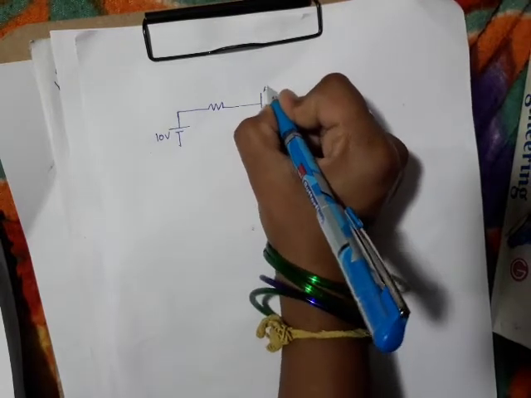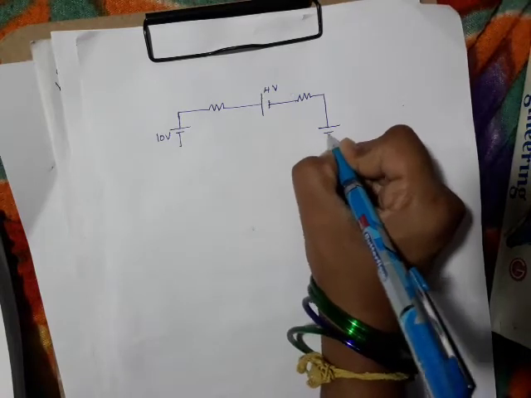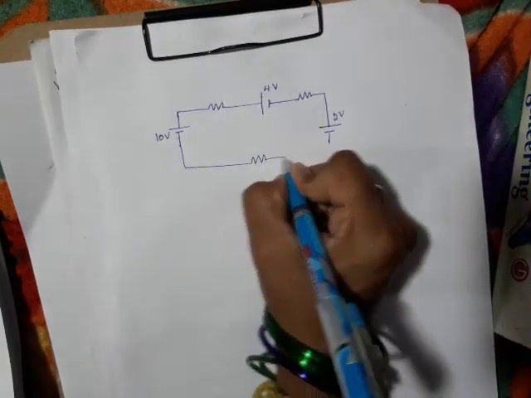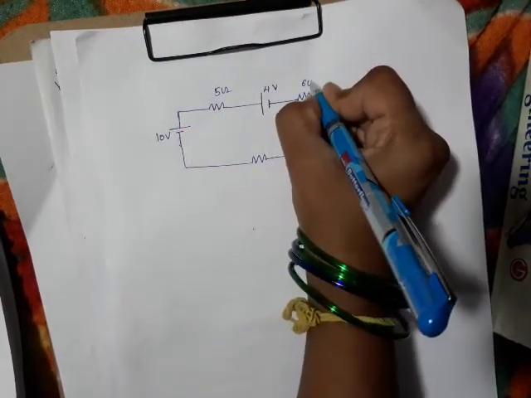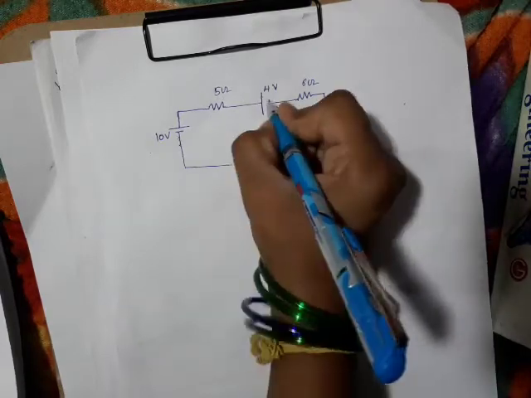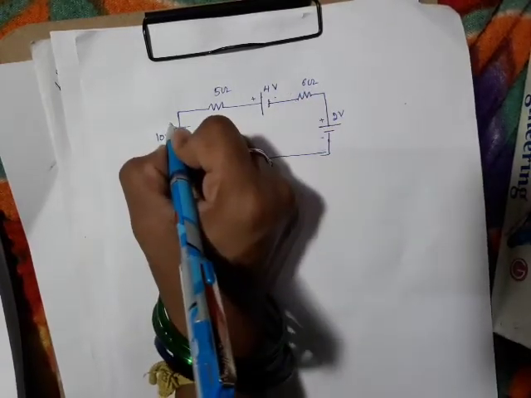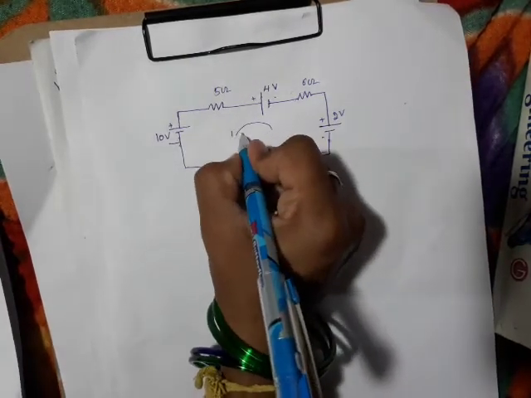Again 4 volts, resistance, 2 volts, resistance. So this is 5 ohm, 6 ohm, 1 ohm. So plus minus battery voltage we can write directly. Now we'll assume the current in the opposite direction.